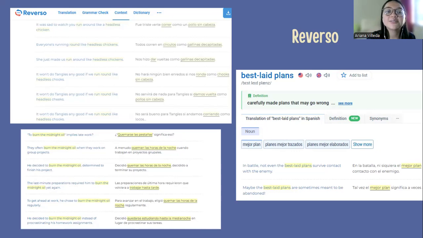This helped me to choose the most accurate and natural equivalence. As you can tell here in Reverso, it helped me to see how you use it in the context, right? It gives you examples, the definition. So first of all is checking the definition and then seeing some examples, how you can use them, how it gives you the translation and how you can adapt it, right, in your context.